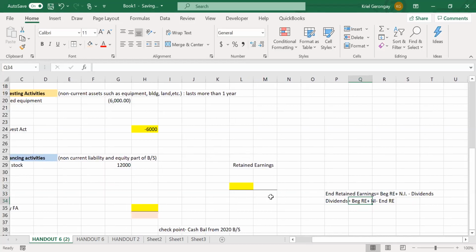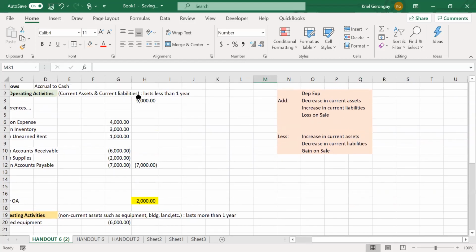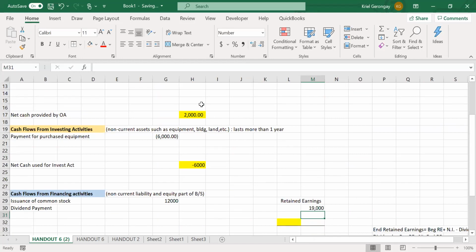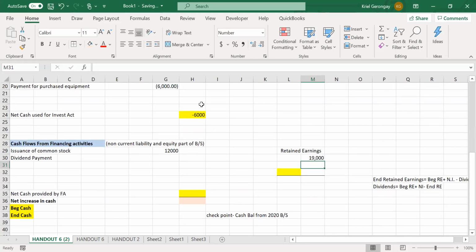To give you a better visualization, Handout 6 says that your retained earnings for 2019 is 19,000. Your net income, which we already figured out, and which you'll also see in your income statement on Handout 6, is 9,000.